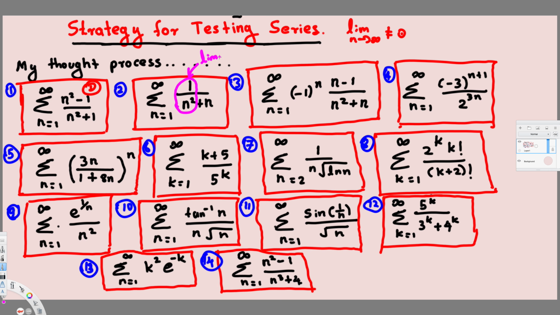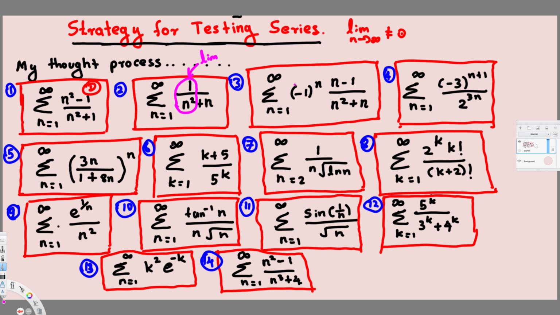It says if you take this part alone and divide it by the original, and you get a positive finite number, both of them behave in the same way. So that's the way we can approach this question.